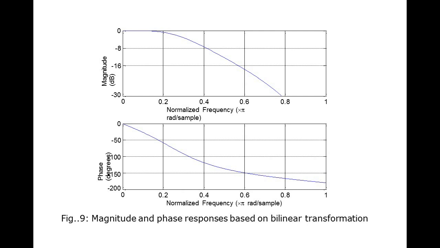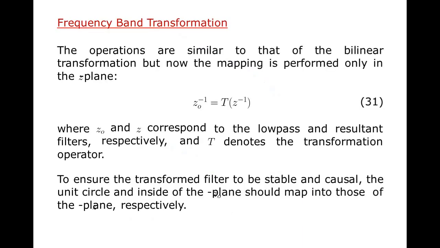This is the magnitude response, which is smooth compared to the impulse invariance method. No aliasing occurs in BLT. That is the important thing.